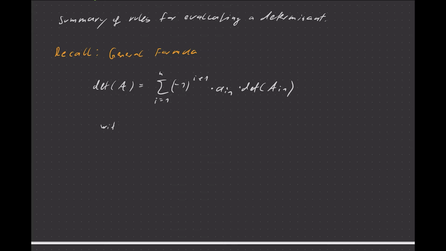And one special case, the determinant of a 1 by 1 matrix is defined as simply the entry itself, A11.